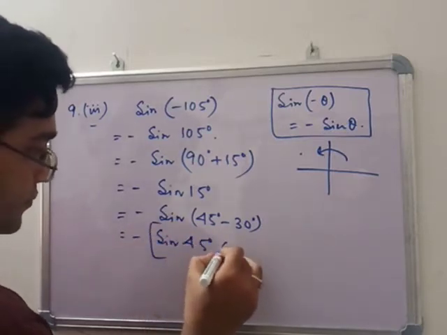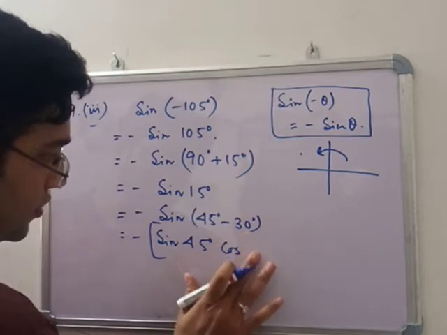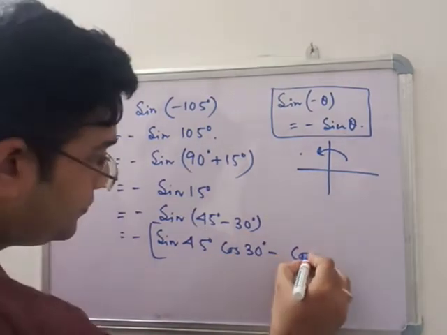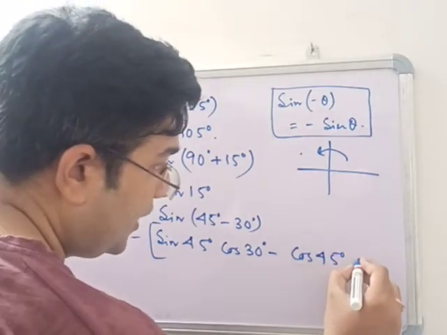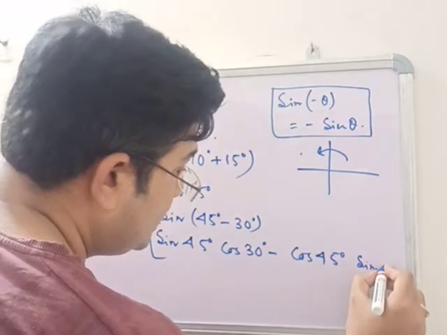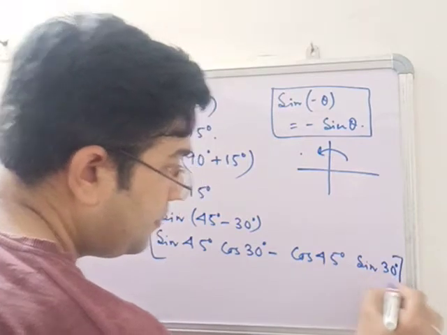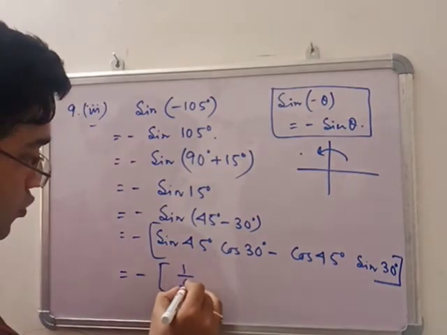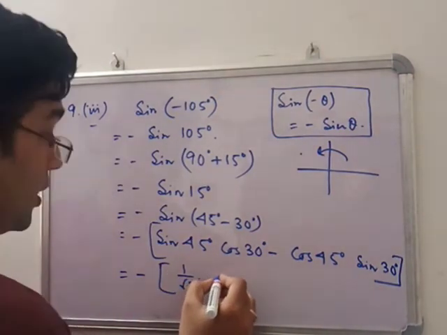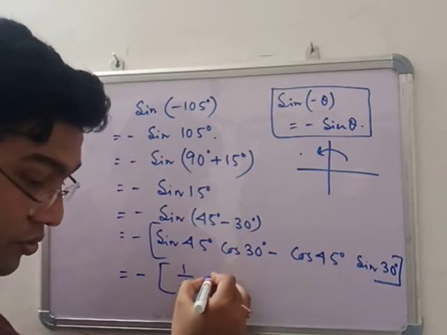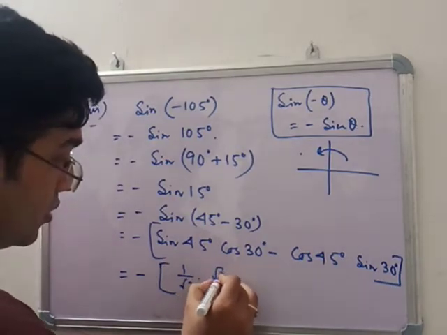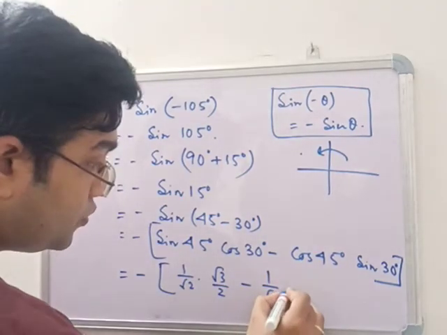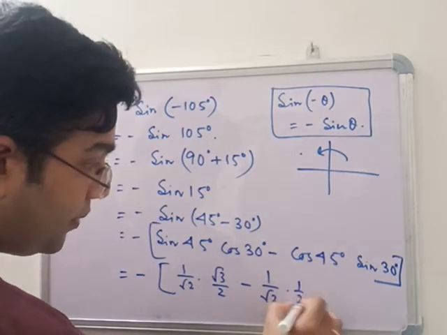So sin A cos B minus cos A sin B. That means 1 by root 2 into root 3 by 2 minus 1 by root 2 into 1 by 2.